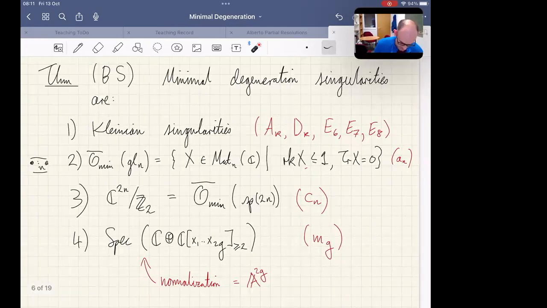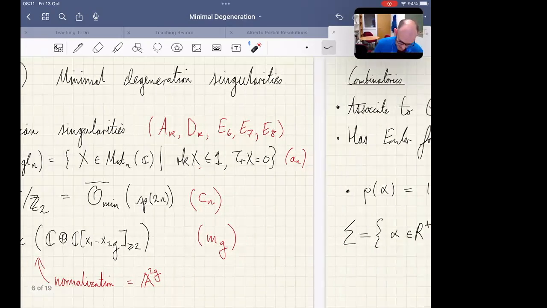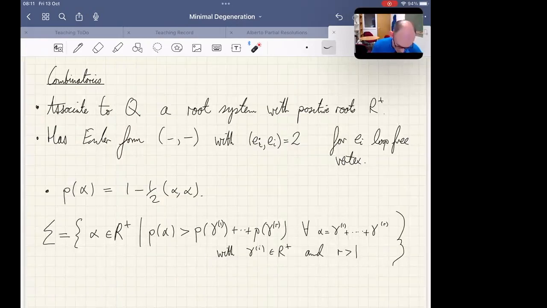Okay, so I'll try to explain a bit of the combinatorics behind this result. If you don't follow any of this part, it doesn't matter really. The important part is the next bit on examples, I think. Okay, so first of all, to this quiver Q, you can associate a root system, a set of roots, and I'll write R plus for the positive roots of this root system.